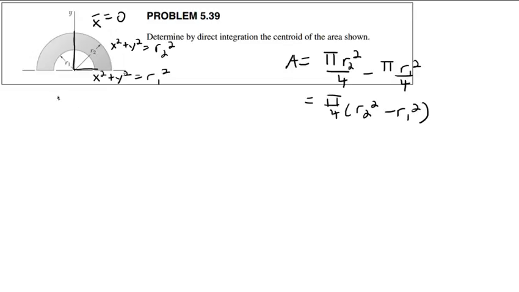Then let's see here. Actually, this one might not be too bad. If I can say the Q, so that's going to be our A that we'll use. We're going to need Qx to find the y bar, equals the integral of y dA.